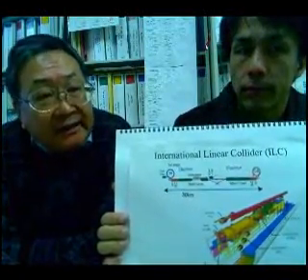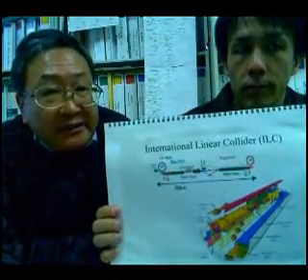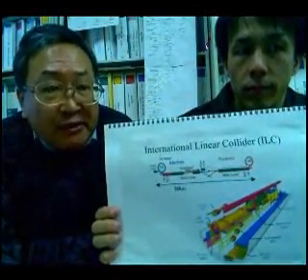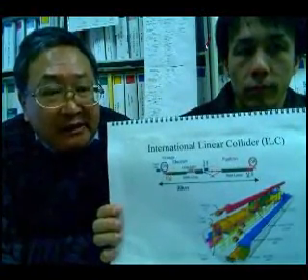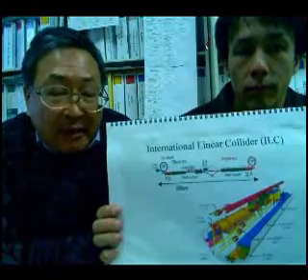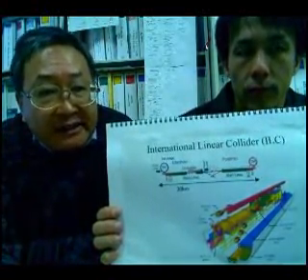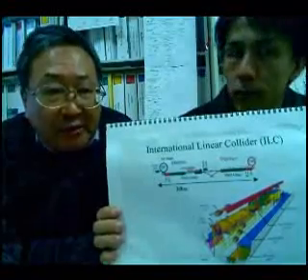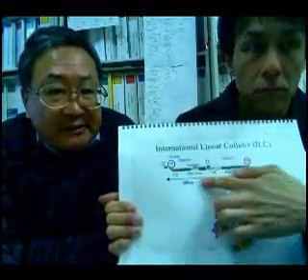Yes. This is a schematic graph of the ILC. The ILC is an electron-positron colliding machine which collides these particles at a center of mass energy of 500 GeV. The total length is about 30 km. It's a very huge machine.